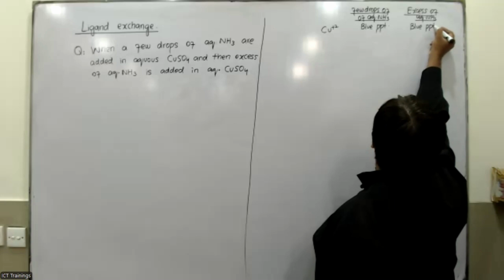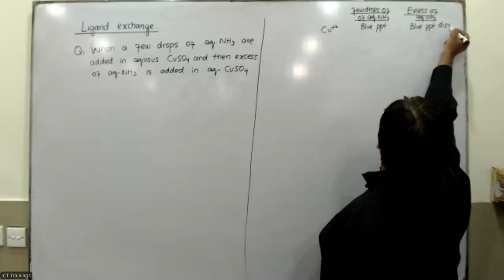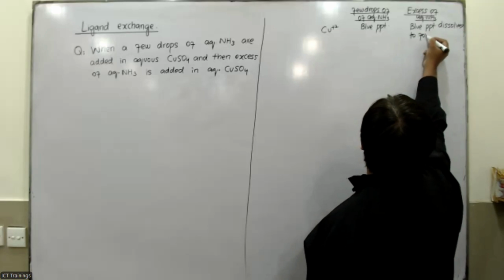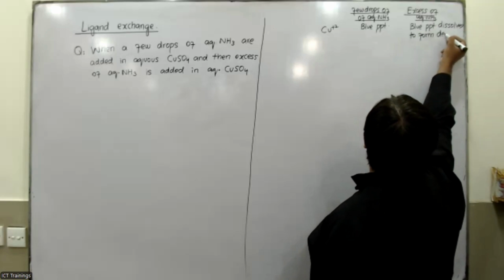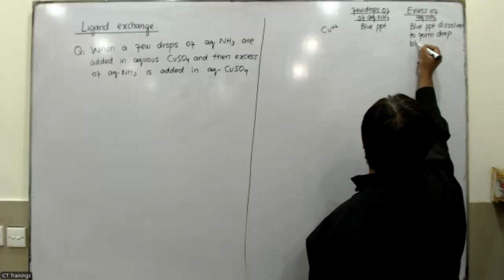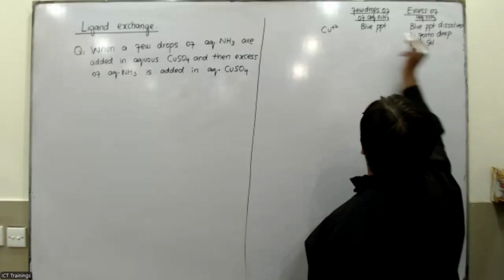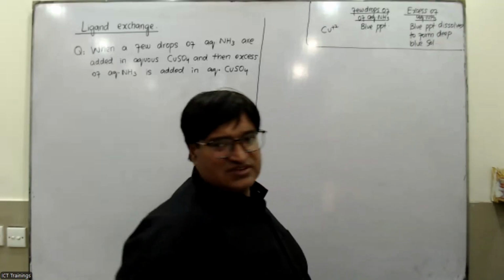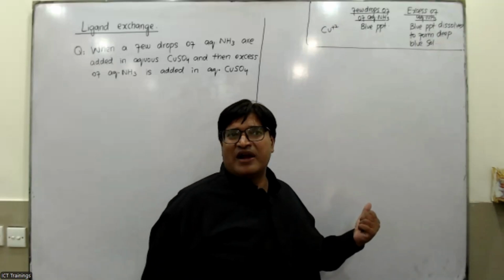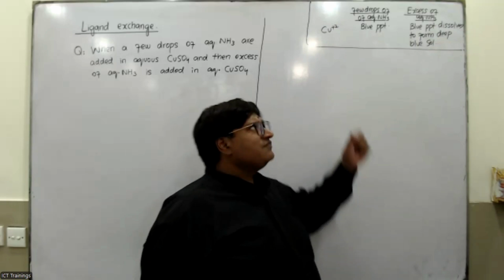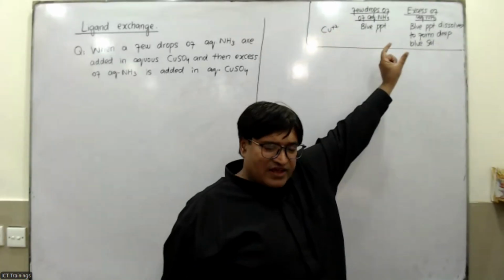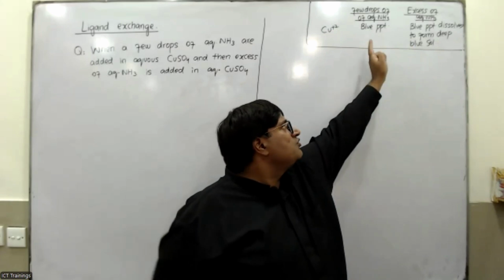Blue precipitate dissolves to form deep blue solution. Okay, so this is the thing you have done in your O levels and in your A1 practicals. If you have copper plus 2 ion, when you add a few drops of aqueous ammonia, it will form blue precipitate.